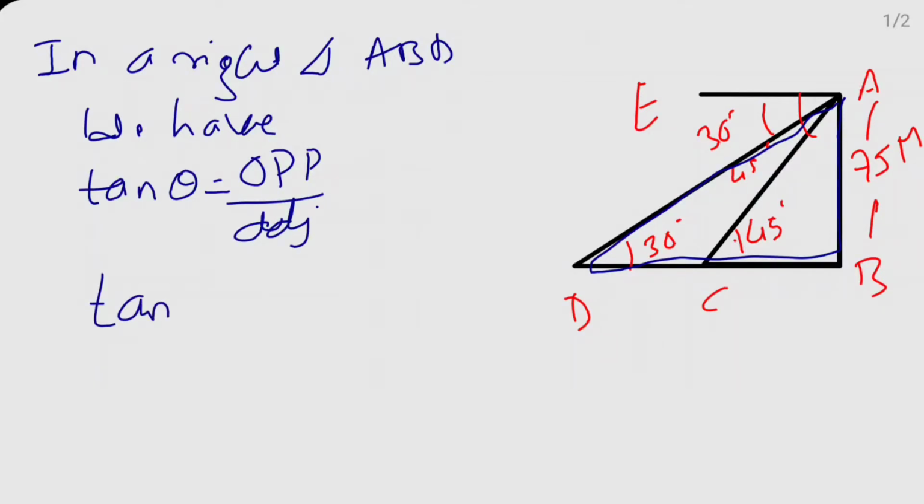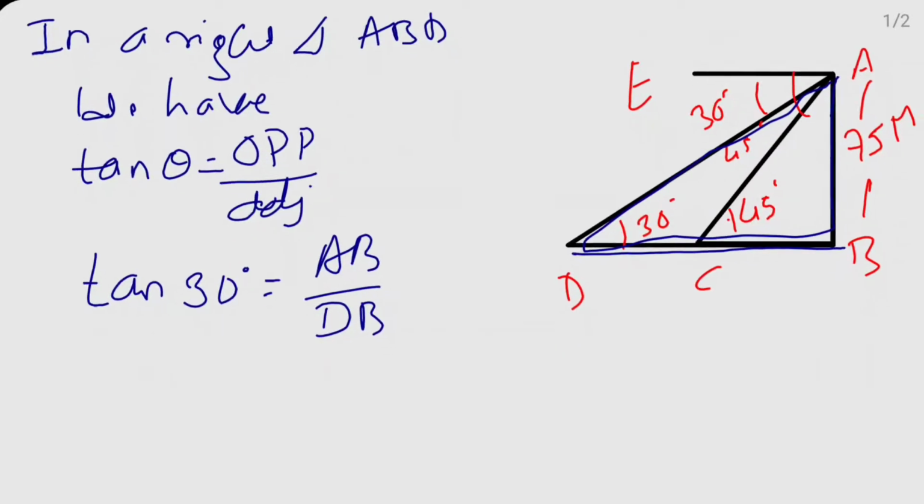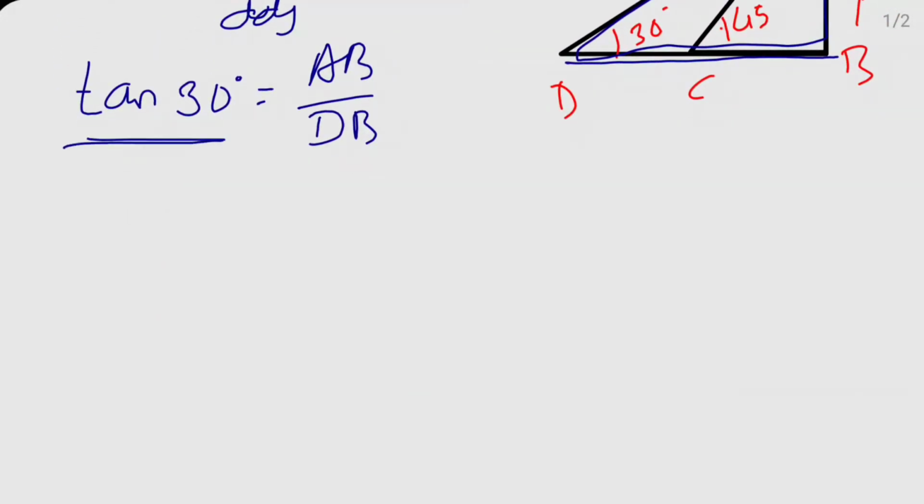So tan 30 equal to opposite here AB, AB by adjacent is DB, so DB. And now here we know that the value of tan 30 is 1 by root 3, and this equal to AB is 75 divided by DB.